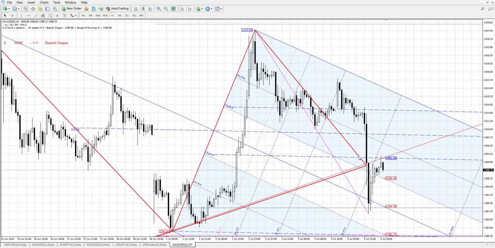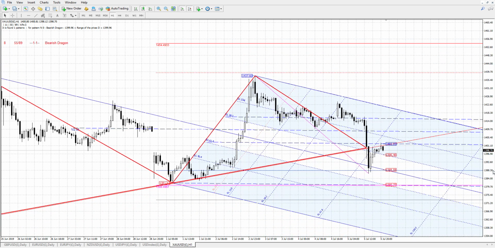Okay, so we close below that. There's a lot there, that's silly. Okay, so about 1402 resistance. We're up above pivots there.